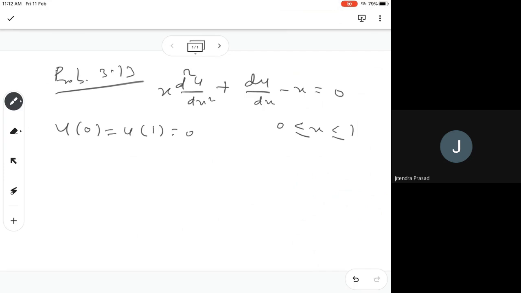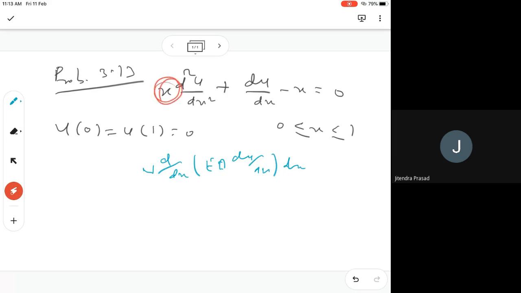What the problem is here: we are used to having something like EA du over dx, then we say dx, then we multiply by w, right? Now in your case you have this x here.